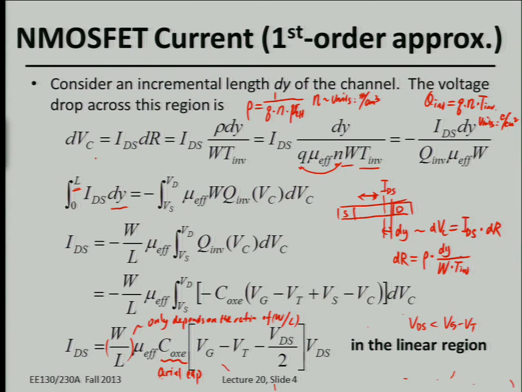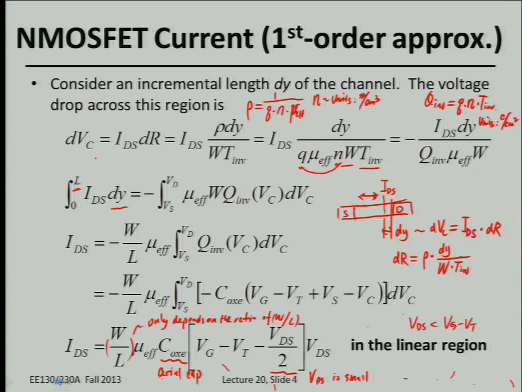Roughly, this expression gives you linear dependence because when VDS is small, you can just ignore this term. So IDS is a linear function of gate bias, okay?